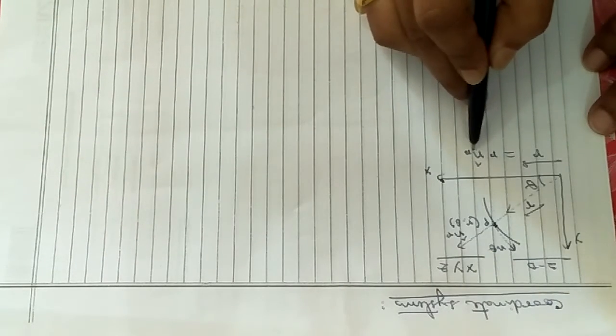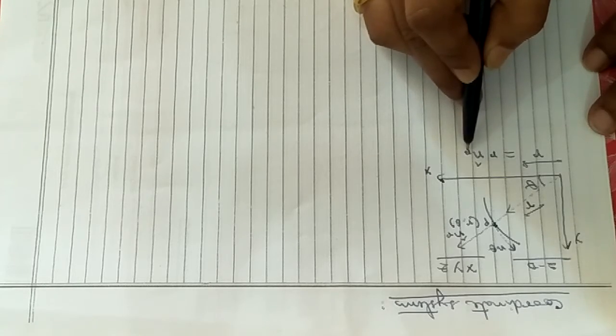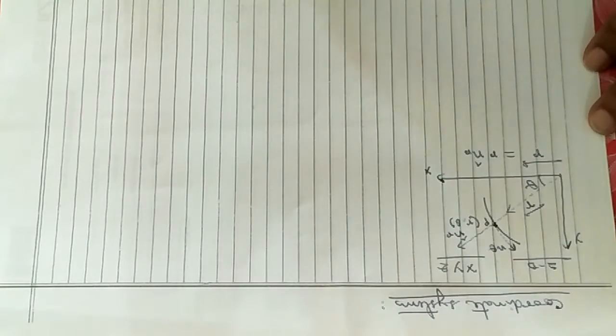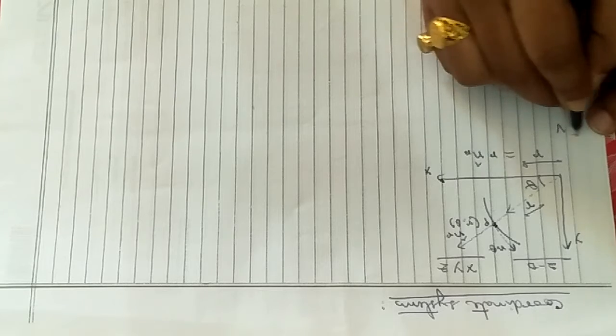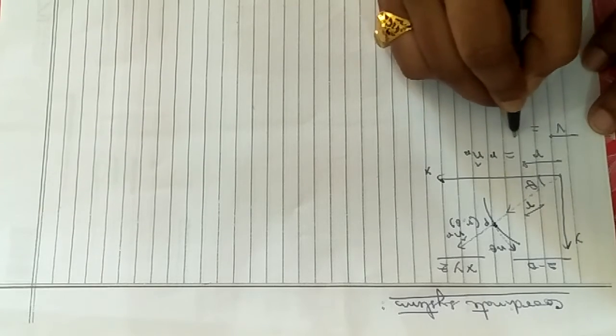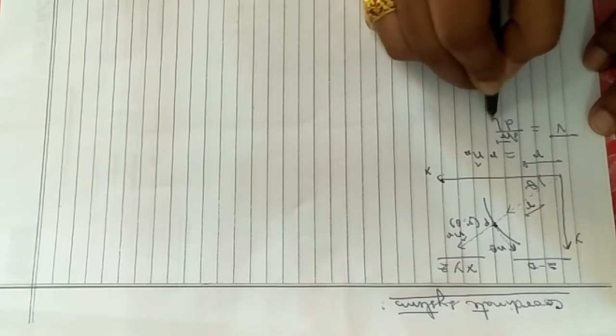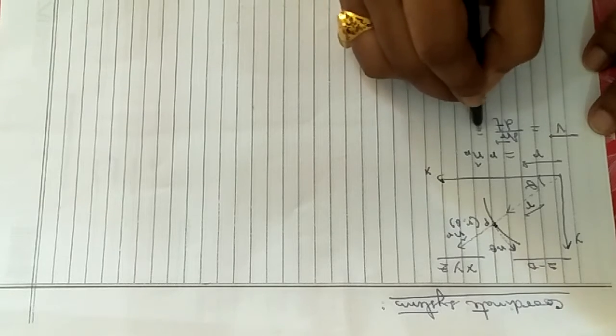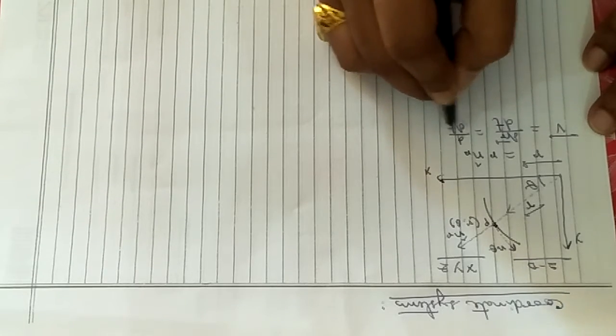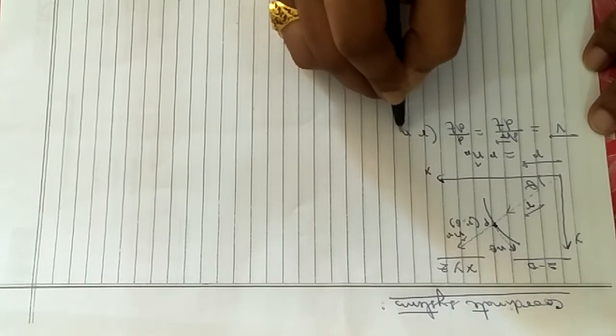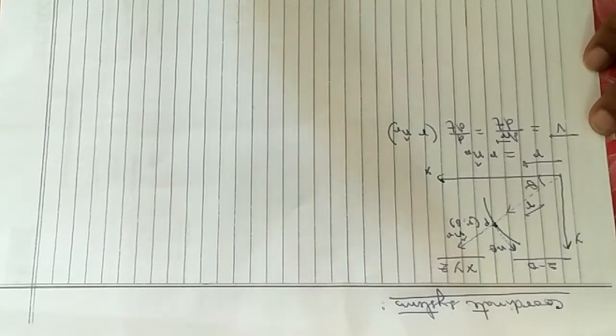n is the unit vector, as I told. nr means the unit vector along the r direction. So if you want to calculate the velocity vector from it, the velocity vector will be dr/dt, as you know. So you can write it as d/dt of r into nr cap.